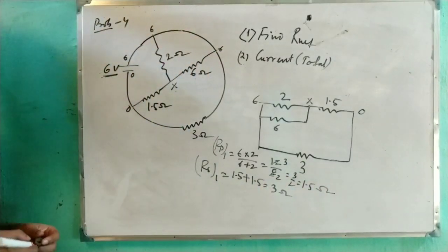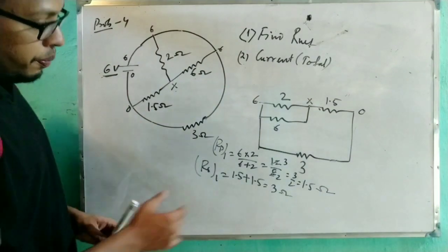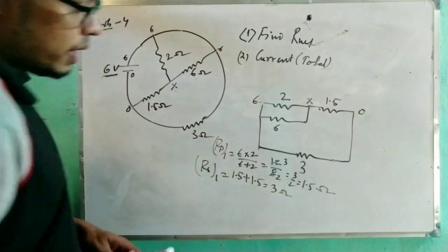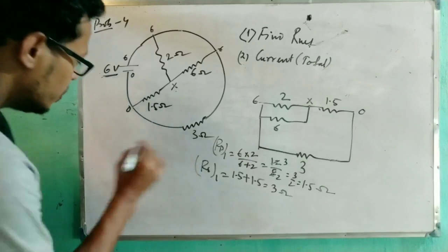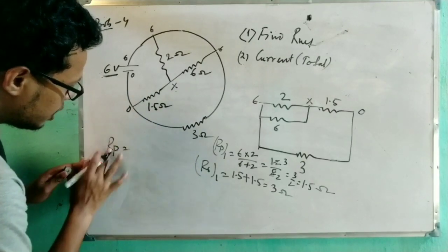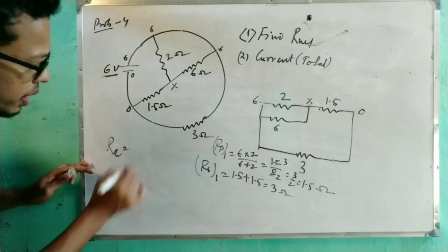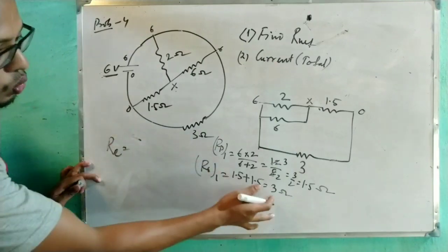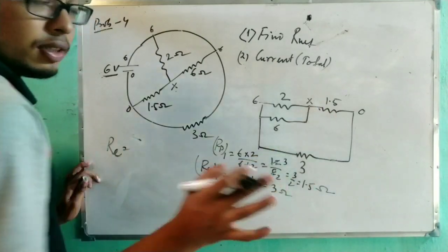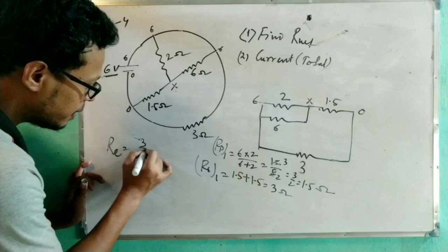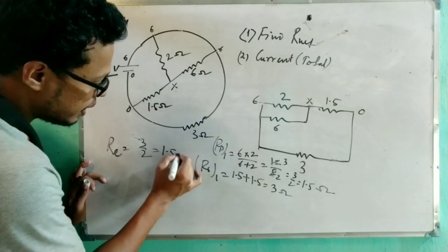Now see, these 3 ohm and these 3 ohm are connected in parallel. So R equivalent will be 3 into 3, and 3 and 3 equal values, so 3 by 2 we can write. It means 1.5 ohm.